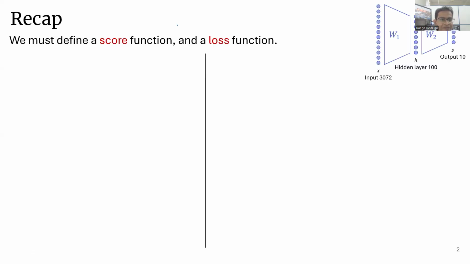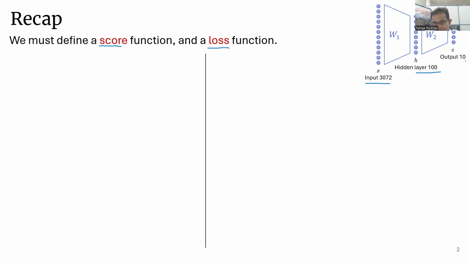Okay. So if you remember, about 2 weeks ago, we noticed that we need a score function and a loss function. In our code also, we had the score function and the loss function. So when you have a neural network, for example, input is 3072, that is like CIFAR-10 32 by 32 by 3 images, a hidden layer of 100 nodes.